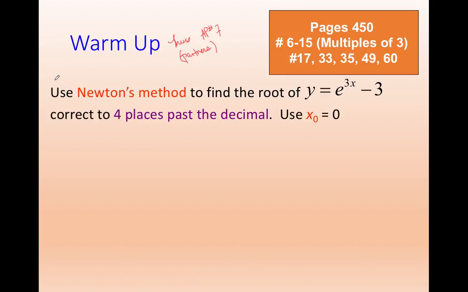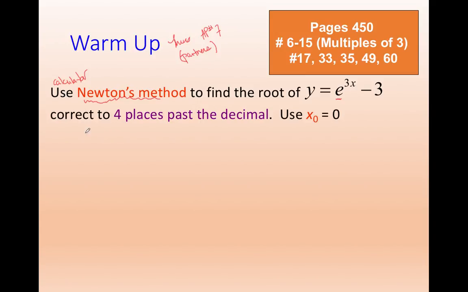This particular warm-up problem, if it showed up on the test, would be on the calculator part of the test, simply because the function involves e, so you're not going to be plugging in a bunch of values of e without a calculator. But if the objective of the question is Newton's method, you must show that you understand Newton's method.